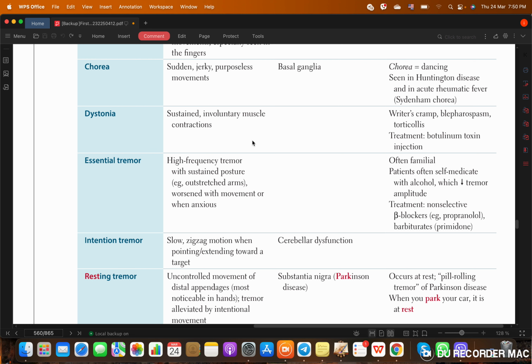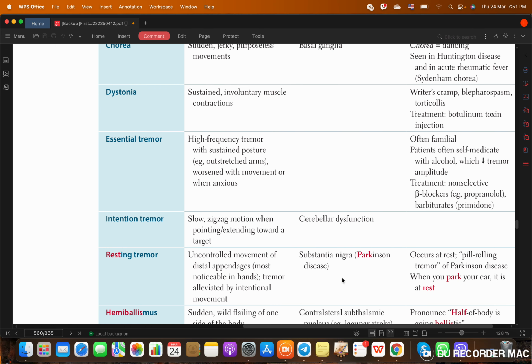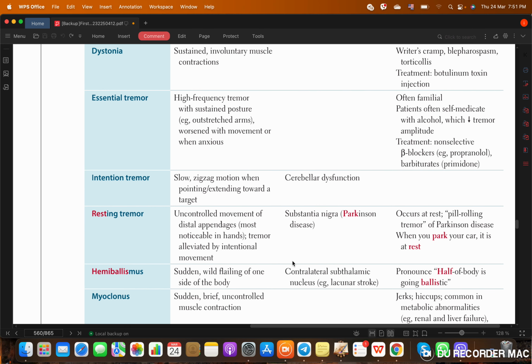It can be a side effect of, for example, neuroleptic medication. We have the writer's cramp that occurs in the fingers as well, and blepharospasm, and torticollis, which is a constant contraction of the sternocleidomastoid, preventing you from the ability to move your neck. Treatment is with botulinum toxin injection to relax the muscle contraction.